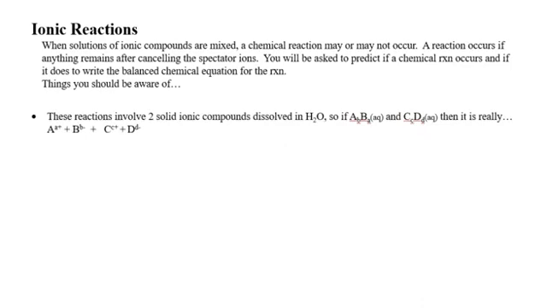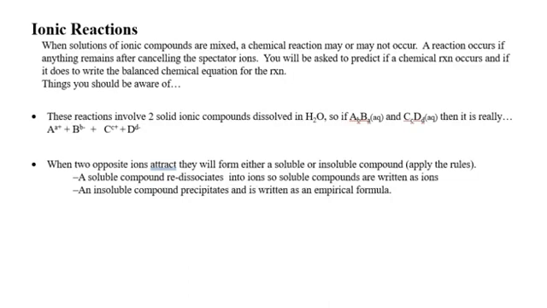They're ionic compounds, but since they're dissolved in water as solutions, they're really four ions, two cations and two anions, one from each of the compounds. Those ions are going to be attracted to each other, cations with anions, and potentially going to make products. If they make a soluble compound, they're going to fall apart again and reform the ions, and nothing's going to happen. But when they make the insoluble compound, they make a precipitate, and now you have some chemistry going on.